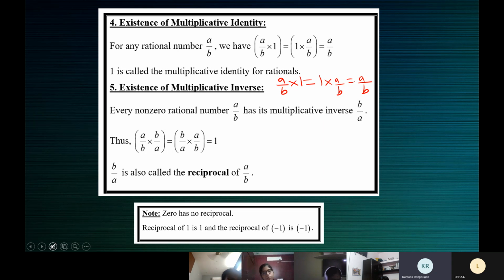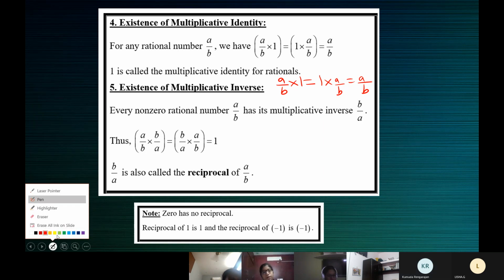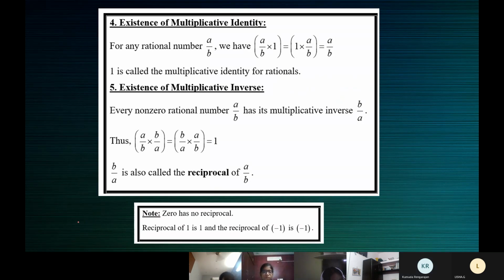Okay. Now the next one is. Ma'am, it signifies that the multiplication is commutative, ma'am. Yes. Correct. Multiplication is commutative. The existence of multiplicative inverse. Additive inverse means negative of a rational number. Multiplicative inverse means the reciprocal of a rational number.